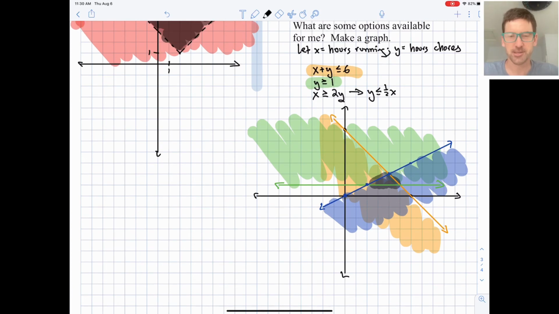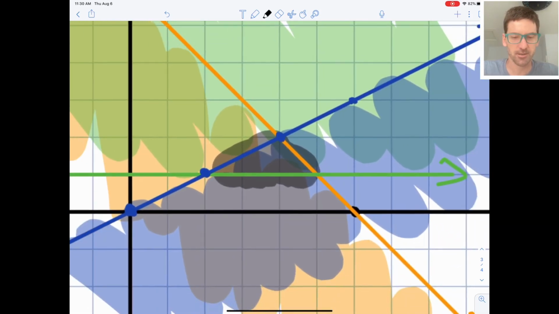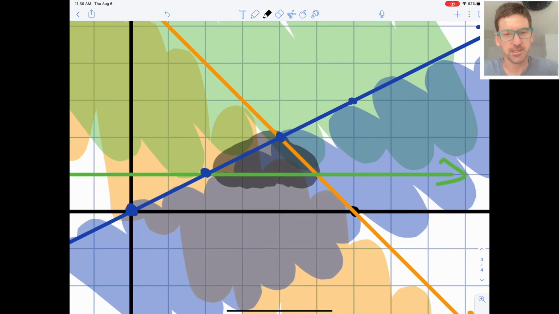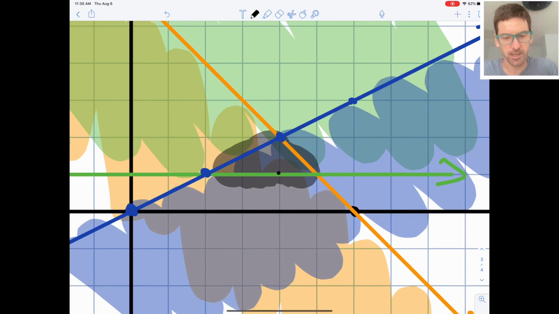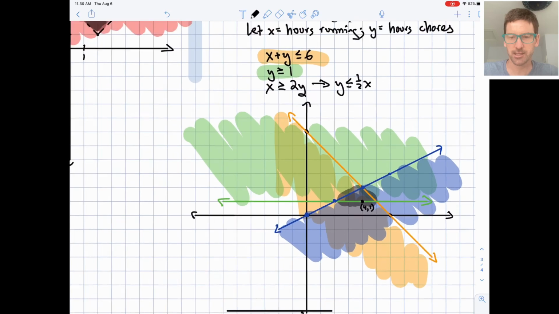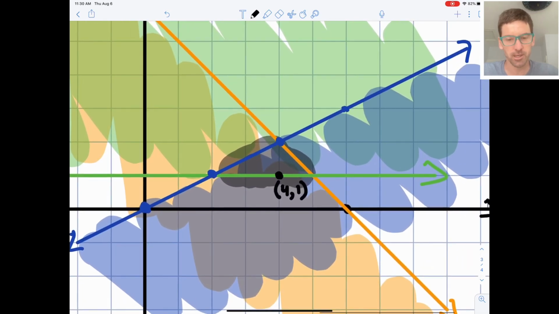We can zoom in and see some specific combinations of times that work. For example, this point would work right here. That is (4, 1). So that would be 4 hours of, what was x again? 4 hours of running and 1 hour of chores would work.